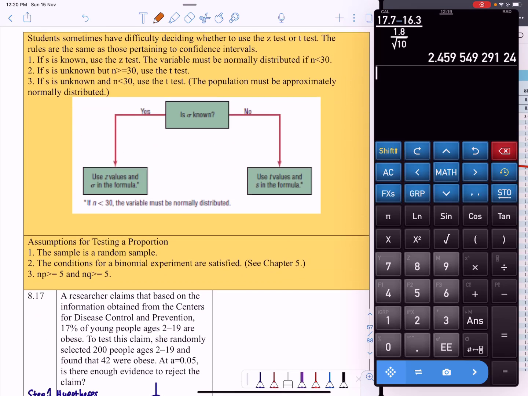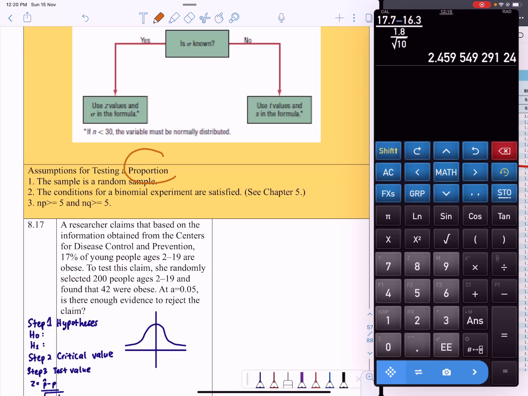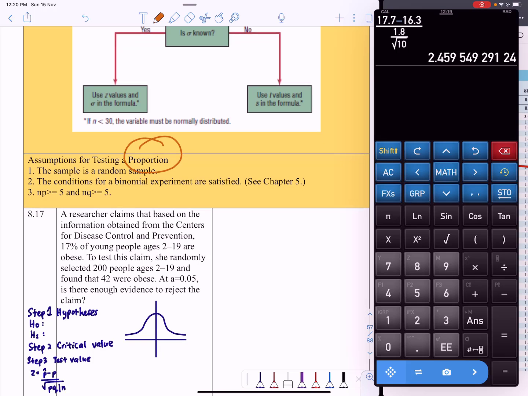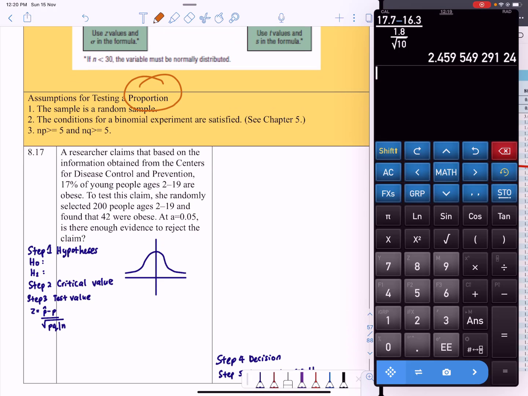What is this? A proportion. We have the proportion, percentage. This one in the page 454. Page 454.